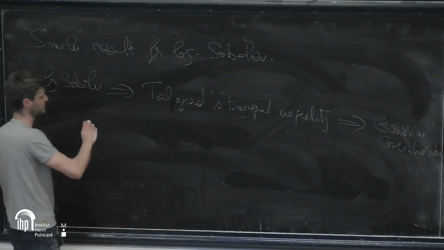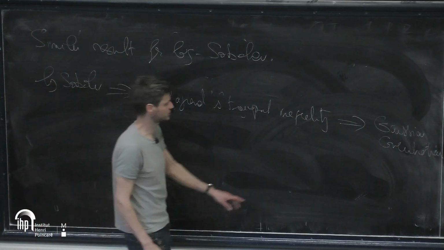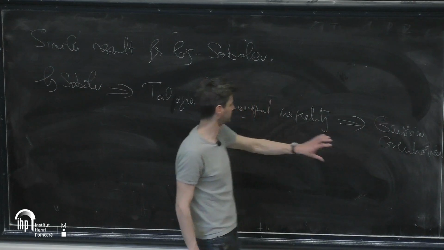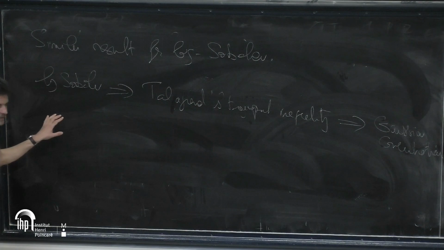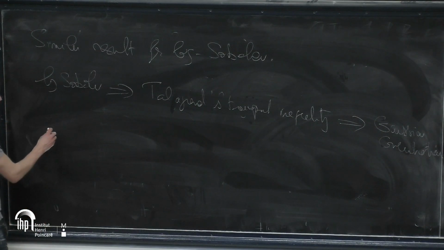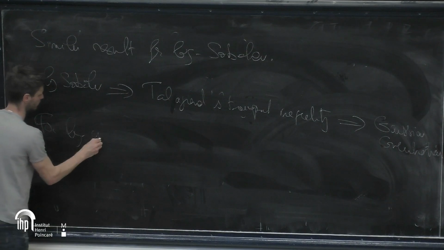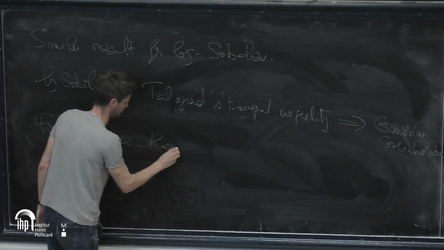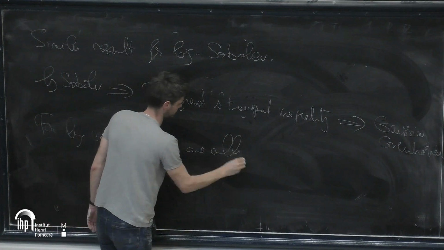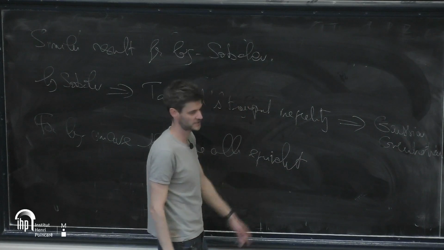And all these implications are quantitative, namely the best constant in the Gaussian concentration is smaller than the best constant in Talagrand, which is smaller than the best constant in log Sobolev. All this is reversed for log concave measures. So for log concave, they are all equivalent, with matching constants.